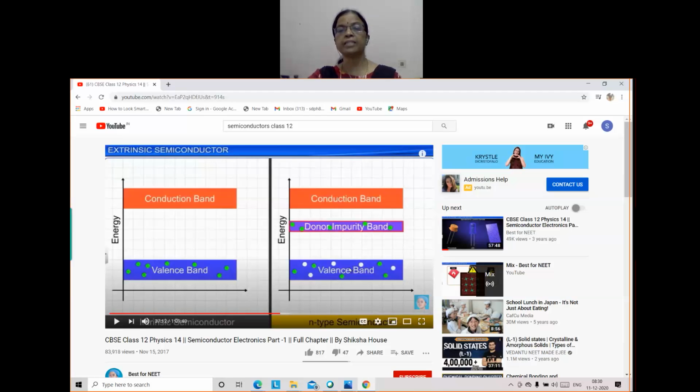What is the charge of the electron? Negative. So the n-type semiconductor becomes negative. That's why it is called n-type: more electrons are there. In p-type, more holes are there. That's why it is named p for positive and n for negative.